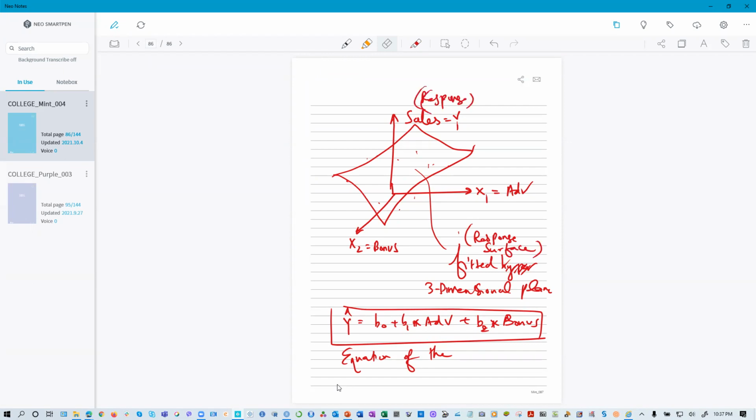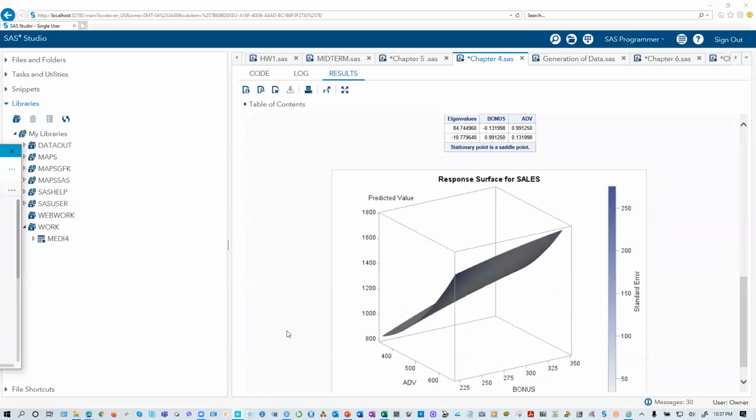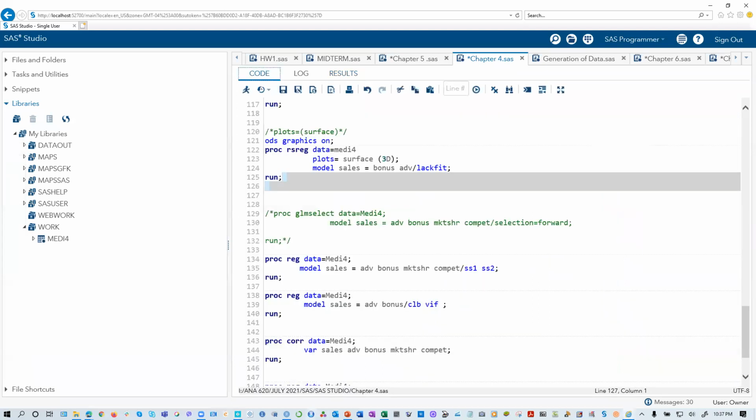Y has a response surface. How do you write the equation of the response surface? We can write the equation because you know B naught, B1, B2. But how to draw the surface is the one that we discussed. That's the code. When you run the regression, you get B naught, B1, and put them back. This one we're going to come to later on.